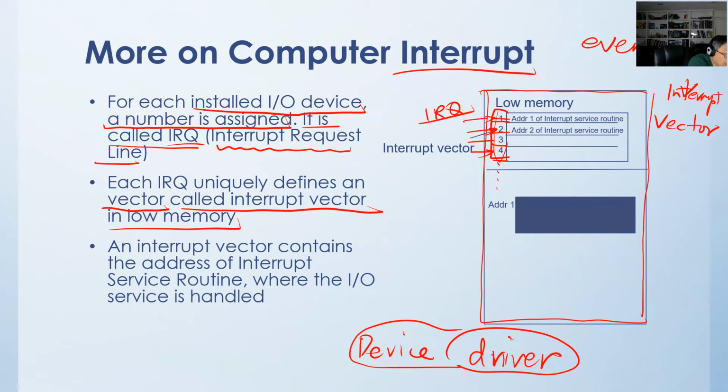Okay. So the interrupt vector contains the address of the interrupt service routine. For each hardware, each I/O device installed on the computer system, when you install the driver, you also install a software piece. That's called the interrupt service routine.